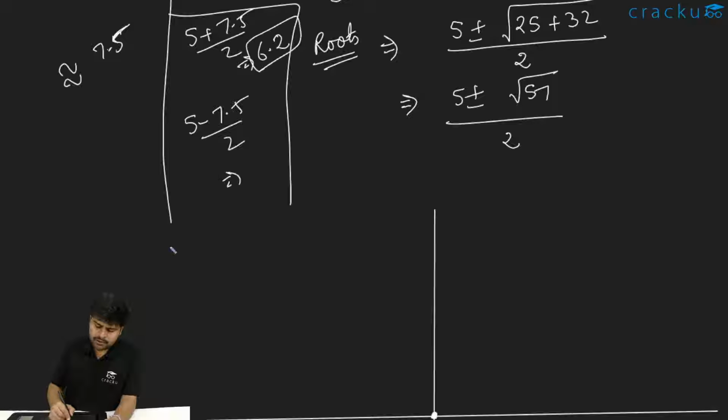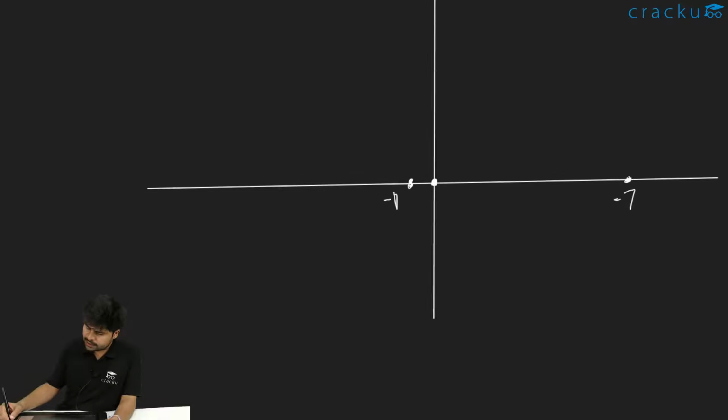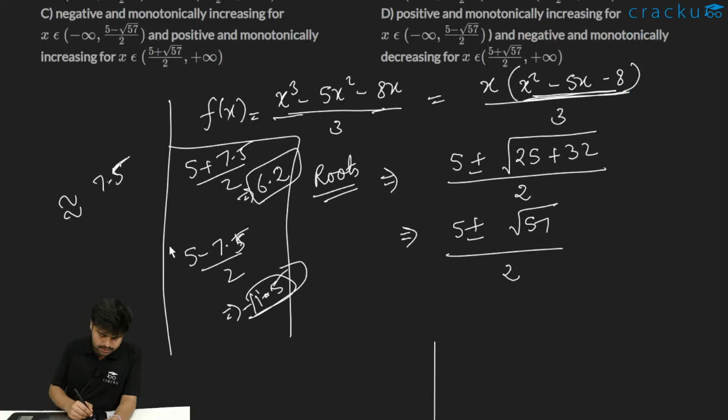The other will be 5 minus 7.5, which is minus 2.5, divided by 2, which is minus 1 point something, minus 1.25, let's say. So the first root will lie somewhere close to minus 1, and the second one will lie close to 6, not minus 7, plus 7, right? This is plus 7.